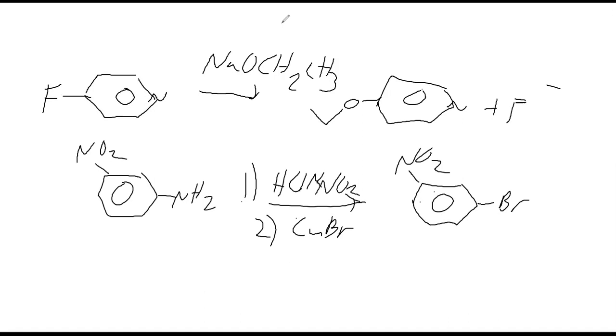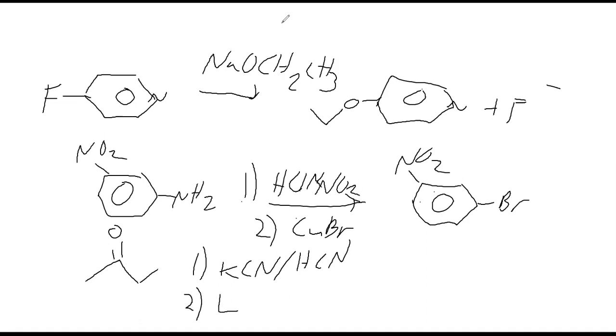Let's see. D, we have just a ketone, and we add first KCN and HCN. So hydrocyanic acid and cyanide, and then lithium aluminum hydride. Cyanide attacks there. We protonate the alcohol.